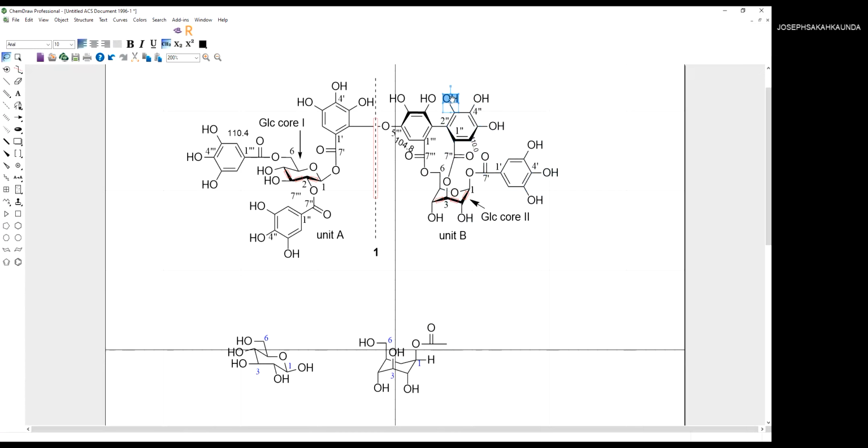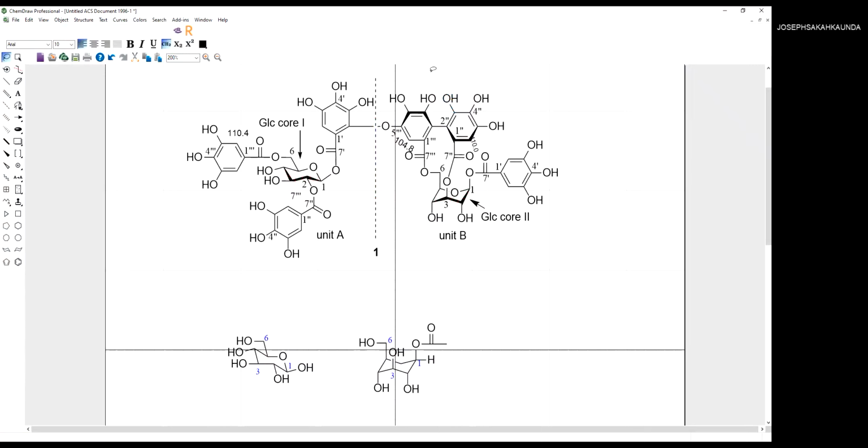After you've assigned all the carbon chemical shifts, you will find some carbons remaining because you could not find them using the proton spectrum. But then based on the values, you can say, no, this one should be here. Then, you know, that now is an assumption. But it's a good assumption, because based on the chemical shifts, the large one should be here, the small one should be here.